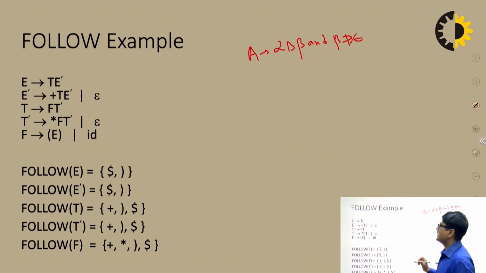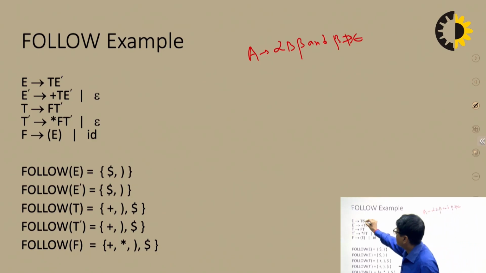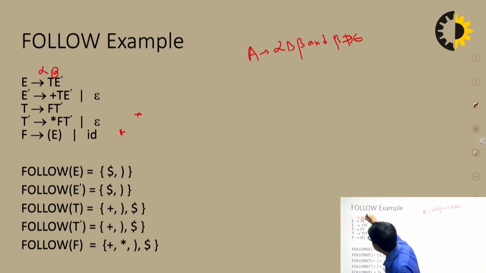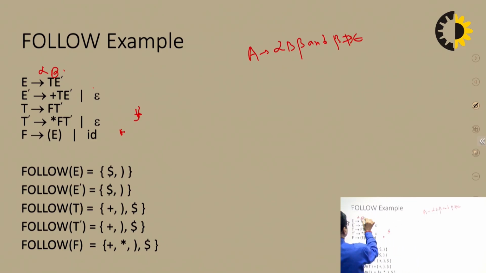You will write alpha, capital B, beta. Here alpha is epsilon, capital B is T and beta is E dash, and E dash does not derive epsilon.